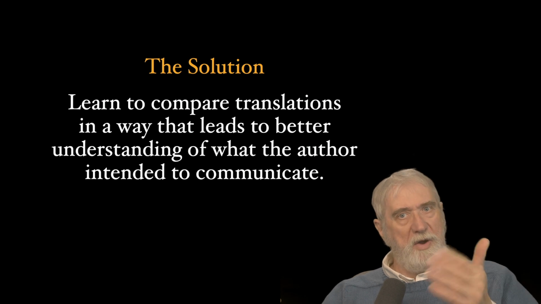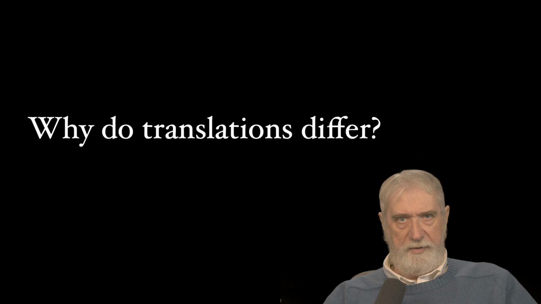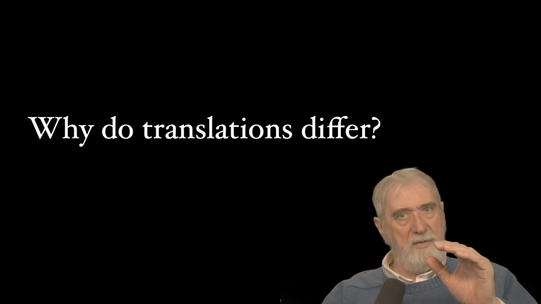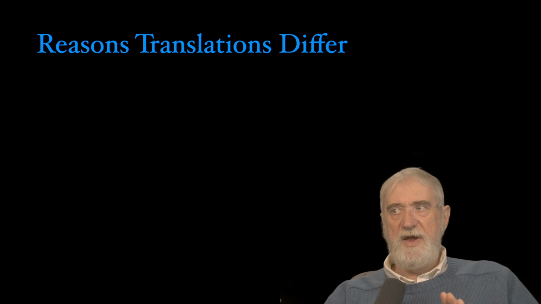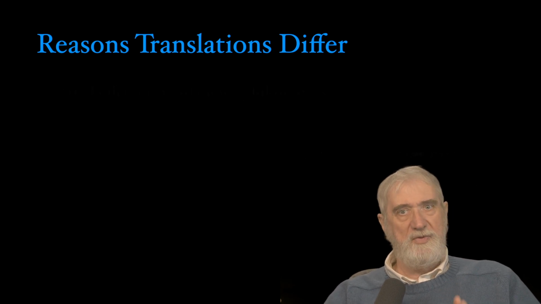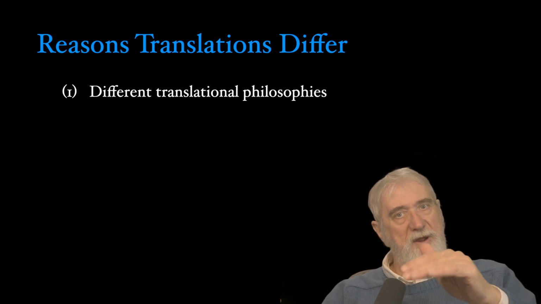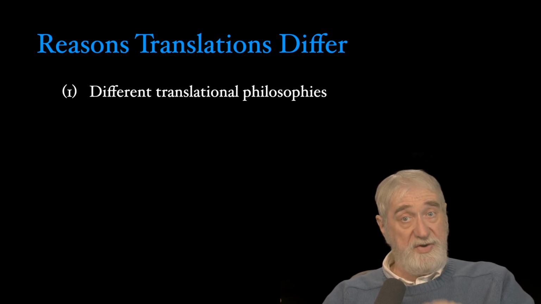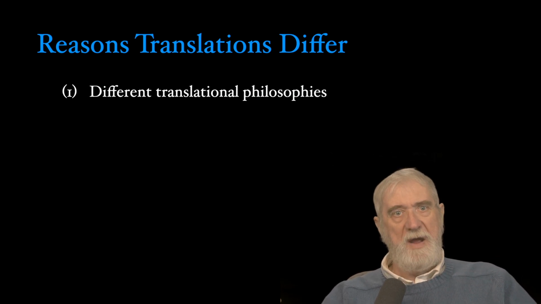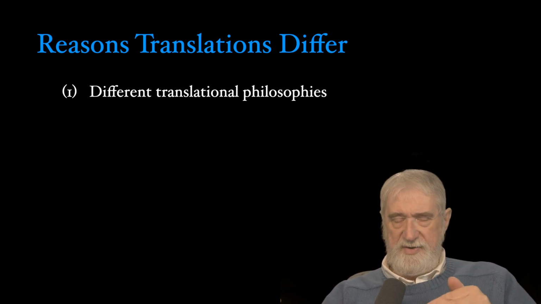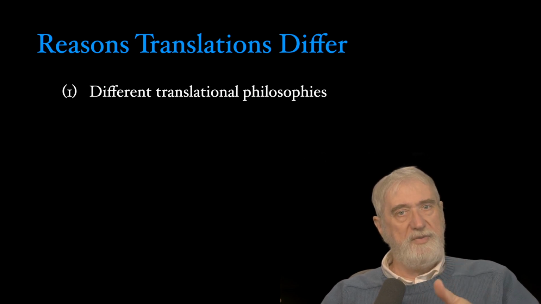Now, we've already dealt with the question of why some translations differ from one another. And we noted that one very fundamental reason that they differ is that they employ different translational philosophies. And so I'm not going to deal here with the implications of that because we talked about that already in the previous video. But another reason that translations differ is that translators simply choose a different gloss.